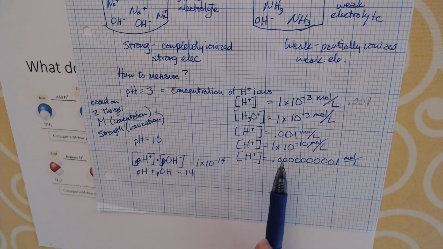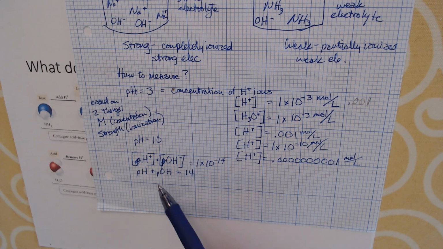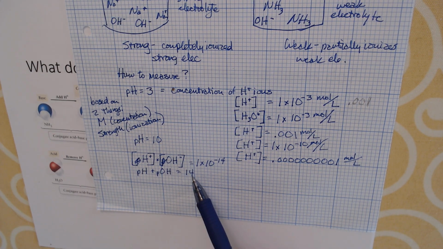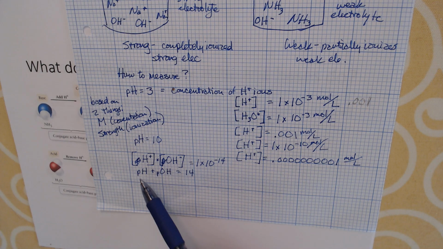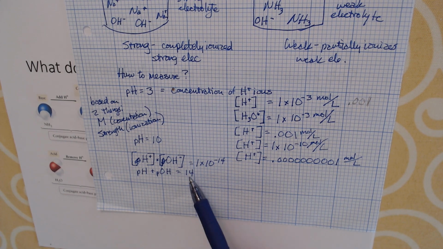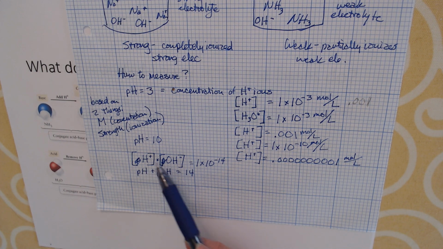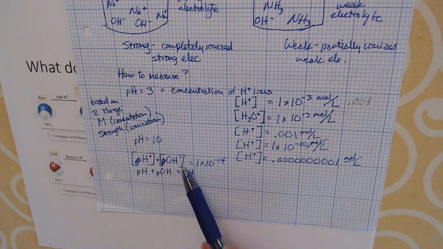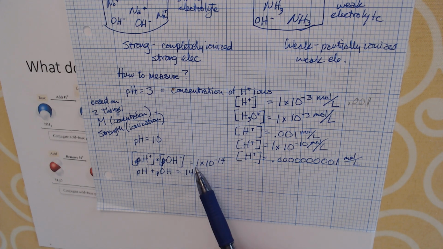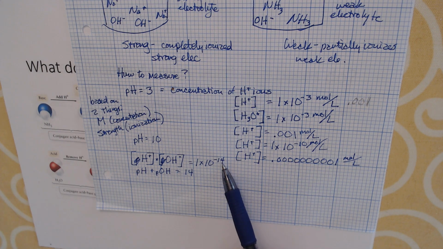The other basic fact that I want you to always remember is that you can add up pH plus pOH. They're always going to equal 14. And therefore, if I gave you either one of these, you would be able to figure out the other one. Similarly, because this is a negative log number, I know that if I multiplied my hydrogen ion concentration by my hydroxide ion concentration, I would always come up with a value of 1 times 10 to the -14.